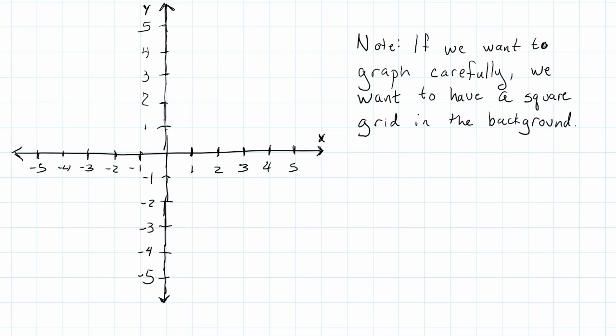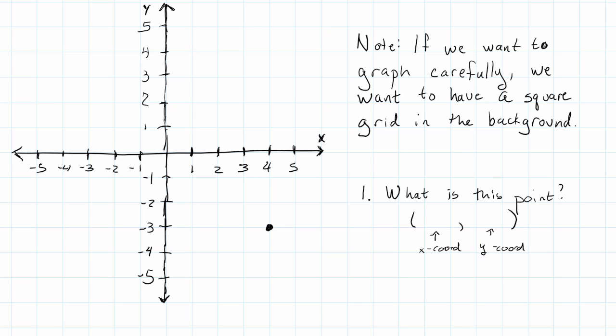Now there are two things that we might want to do with a grid like this. We might encounter a point and say, what is this point? Now this point is going to be labeled with an ordered pair, right? Its label will consist of 2 numbers, its x-coordinate and its y-coordinate.